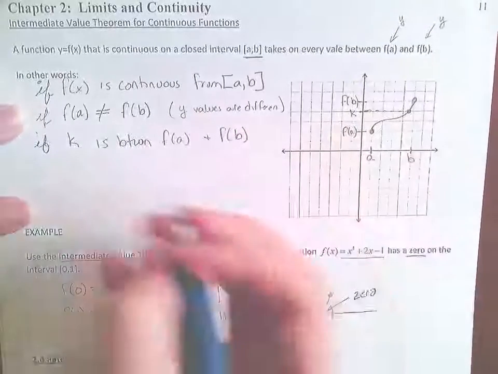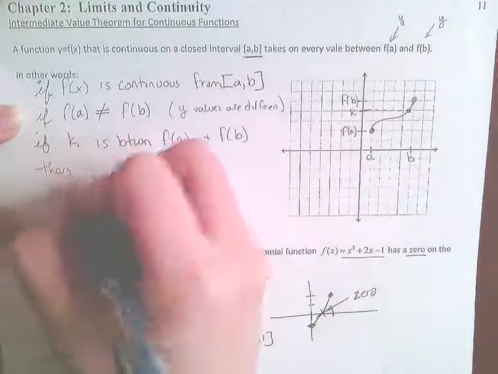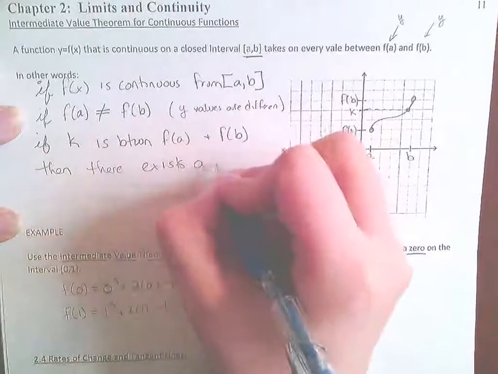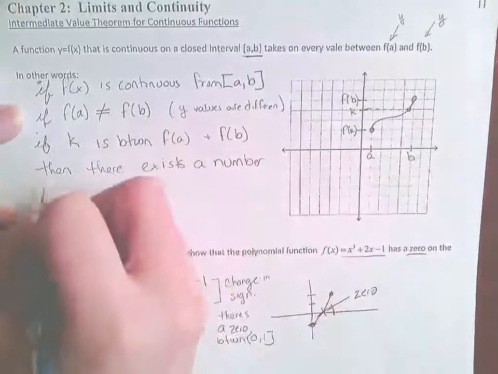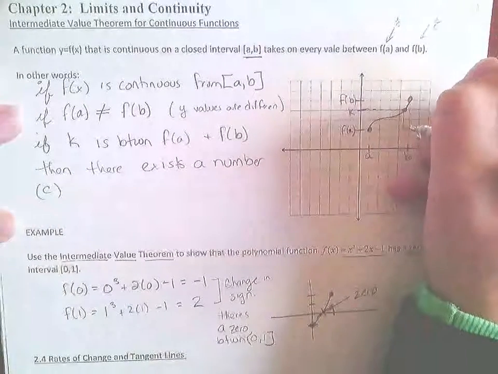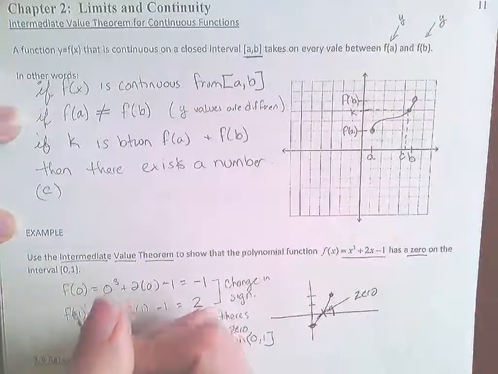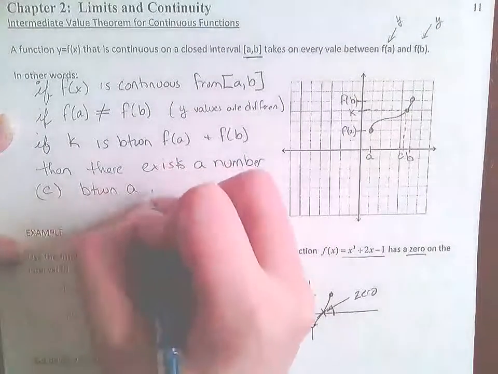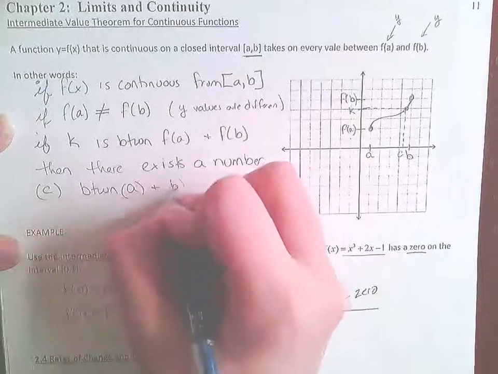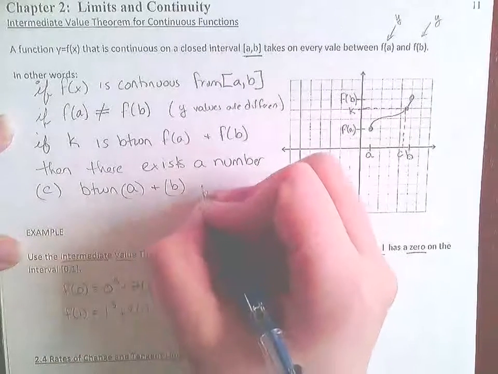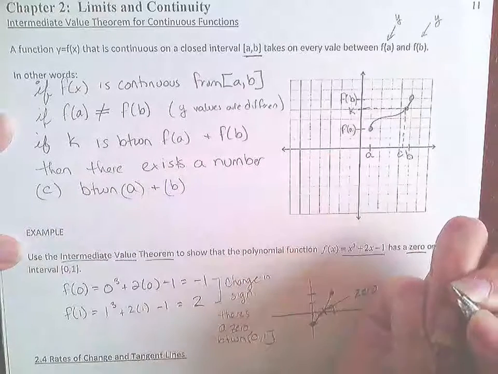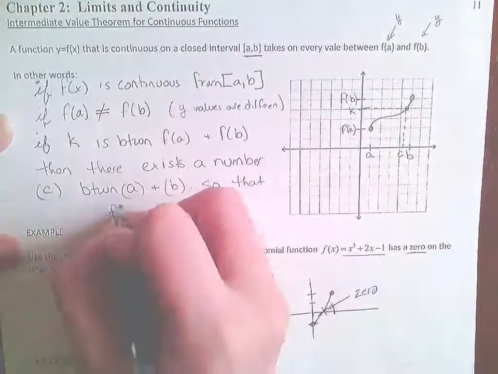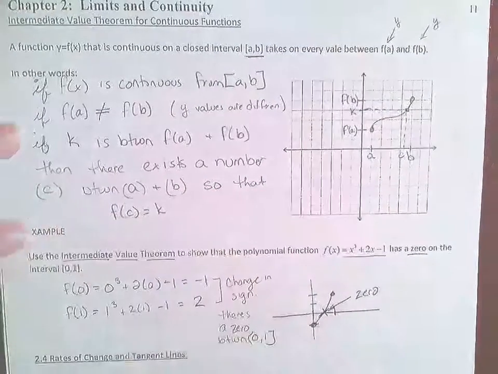Then there exists a number, let's call it c, between a and b, so that f of c is equal to that k value, which makes sense.